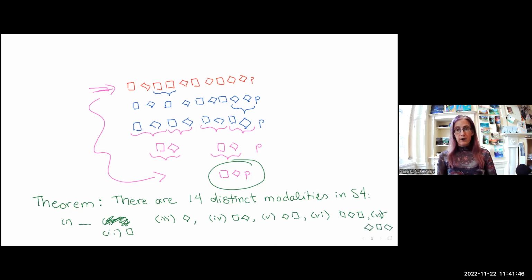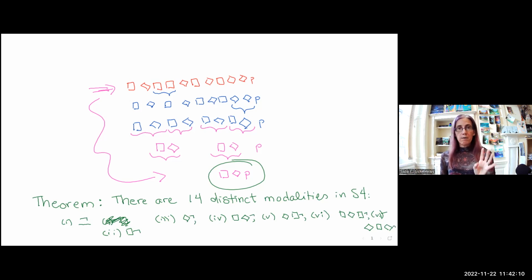Now you might be saying, wait a minute, that's only 7. You said there were 14. It's because it's all of these and their negations. So instead of having the null case, we just have negation, but then we have box not, diamond not, box diamond not, diamond box not, box diamond box not, and diamond box diamond not.